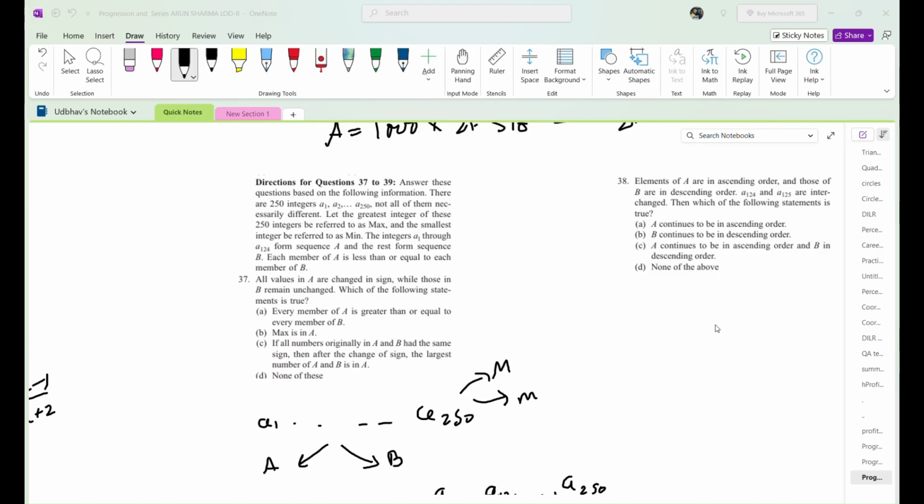So we can think of it like all members of A are smaller than all members of B. We have to see how the sign changes.